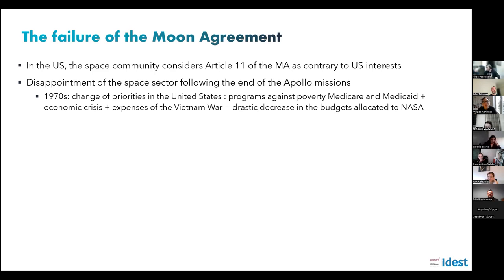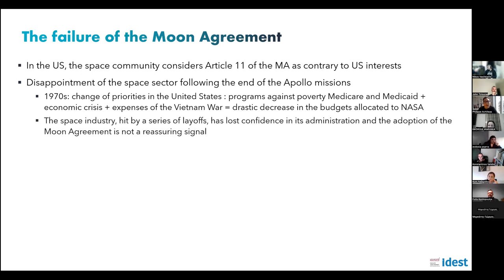So it's too expensive to continue to go to the moon just for a question of image. So they decided to terminate the program. As a consequence, the space industry was hit by a series of layoffs and lost confidence in its administration.